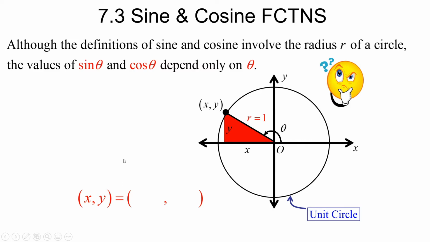Cosine of this angle theta would be x over r, so that x coordinate would have to be cosine of theta. And sine of that angle theta is y over r, so the y right here would have to be sine of theta. And there you go. Any point on the unit circle has an x-coordinate of cosine of theta and a y-coordinate of sine of theta. That is very powerful.